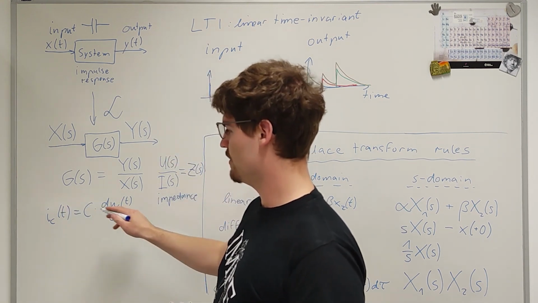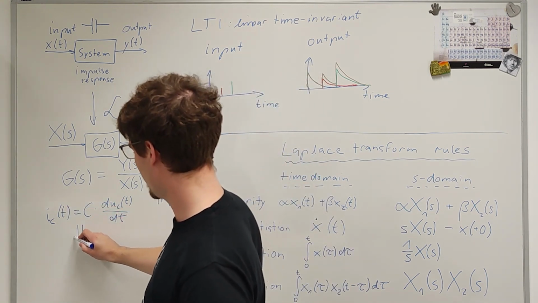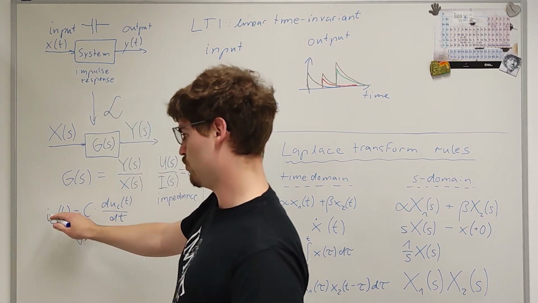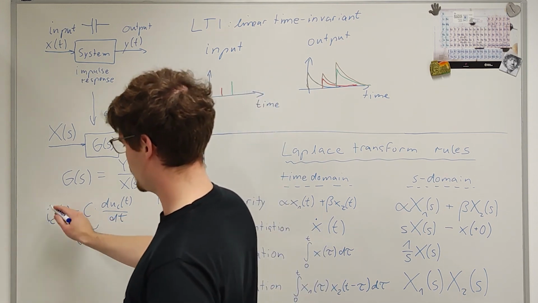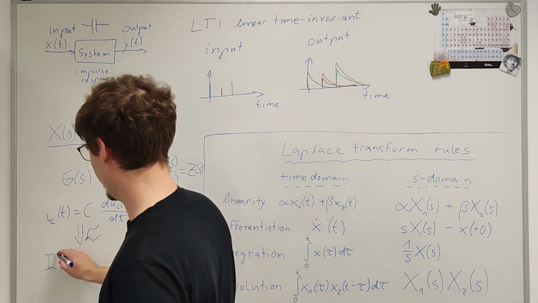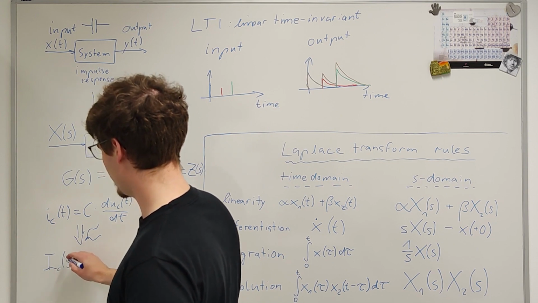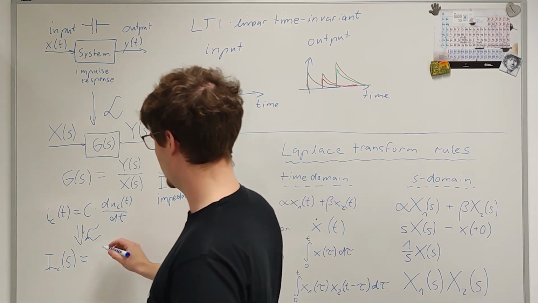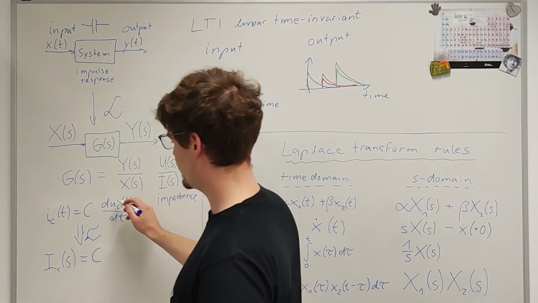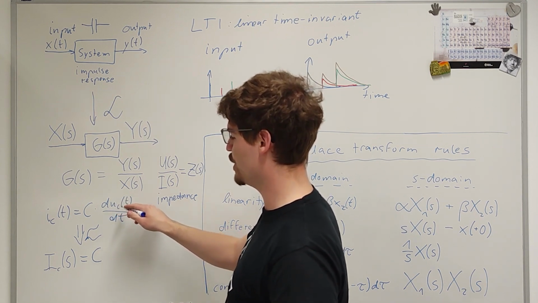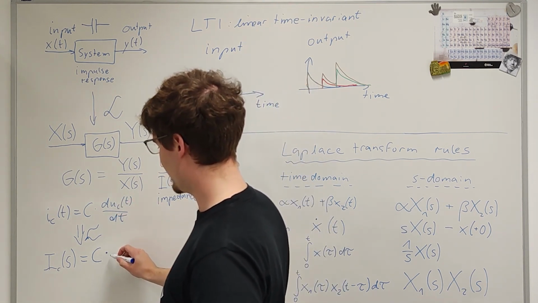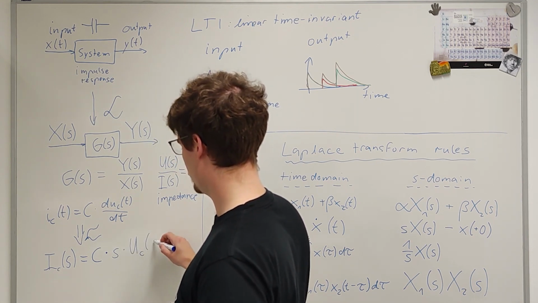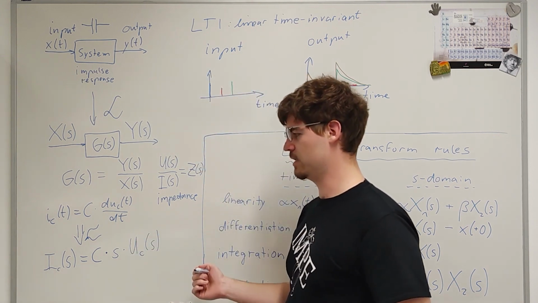Now let's Laplace transform this equation. We receive here on the left side just the Laplace transformed current, which is now capital I of the capacitor as a function of S. The constant C Laplace transformed stays a constant. And this, the rate of change of the voltage, turns into the multiplication with S of the Laplace transform of the voltage of the capacitor.